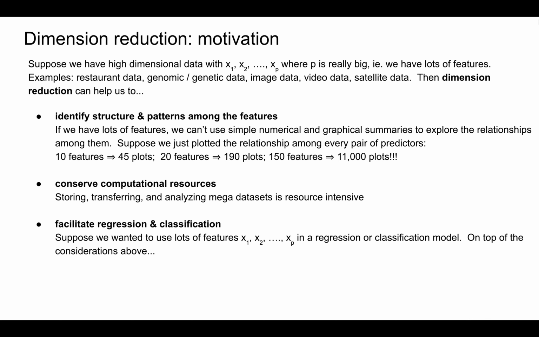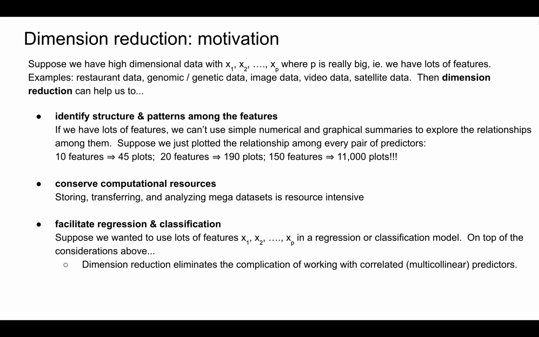Suppose that we wanted to use lots of features, x1, x2, up to xp, in a regression or classification model. On top of the considerations above, that is, on top of conserving computational resources and helping us identify structure, dimension reduction eliminates the complication of working with multiple correlated or multicollinear predictors.